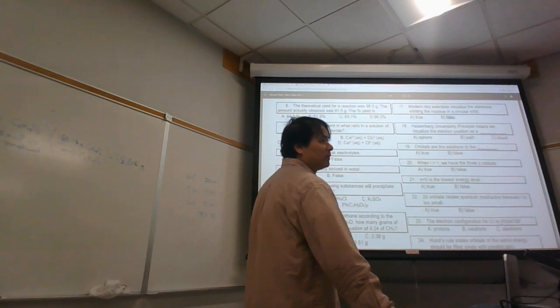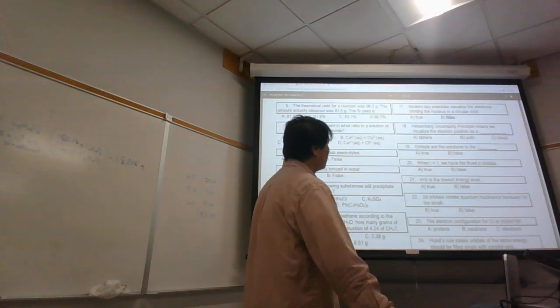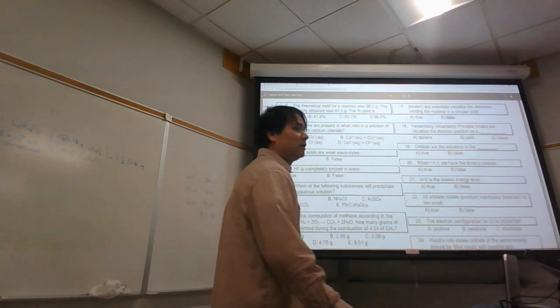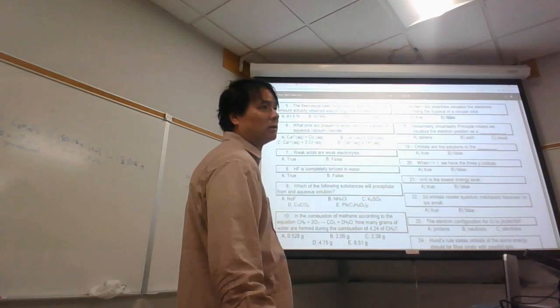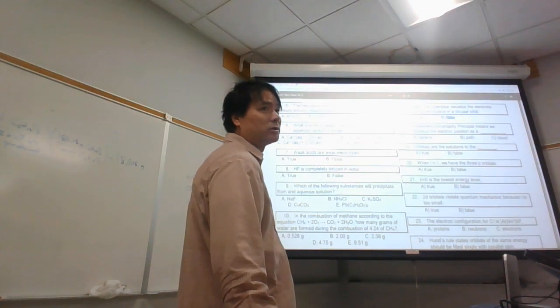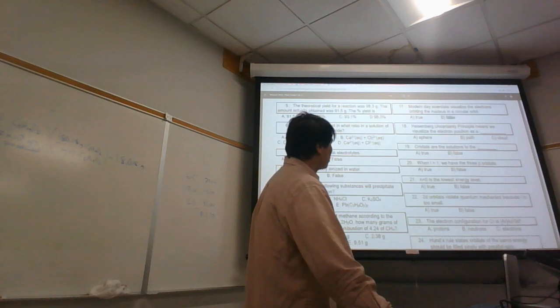Do you remember the famous equation? Orbitals are the solutions to the Schrodinger equation. So if orbitals are the solution to the Schrodinger equation, then it would be true. But as written, this doesn't make sense.